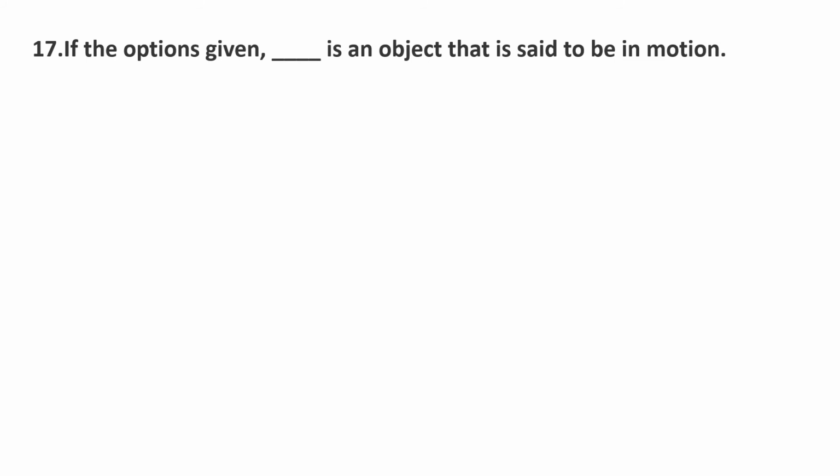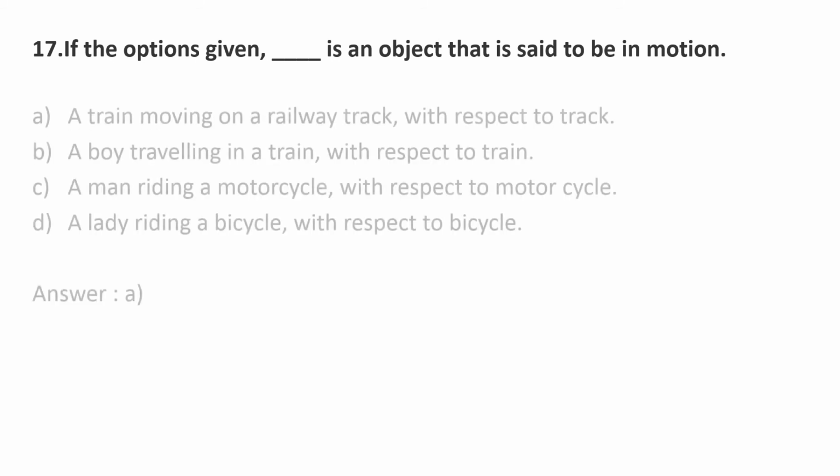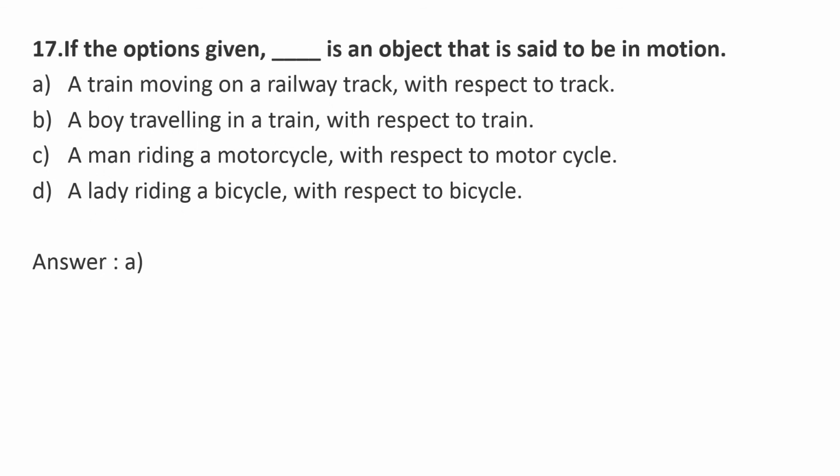17th question. Which of the following is an object that is said to be in motion? Options are: A, a train moving on a railway track with respect to the track. Option B, a boy traveling in a train with respect to the train.